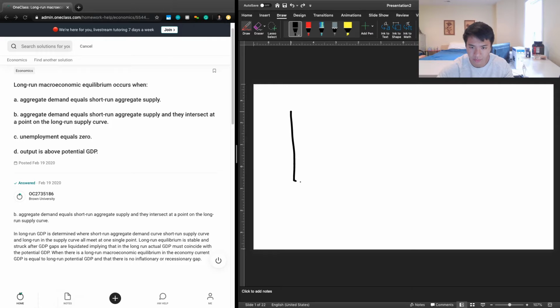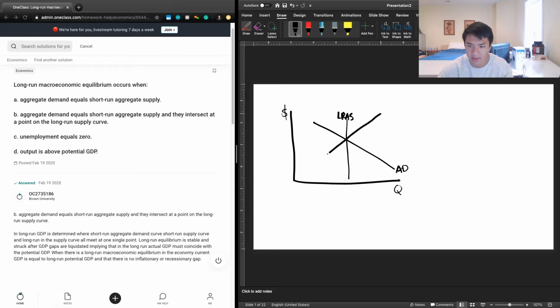So we have price on the y-axis, quantity on the x-axis, and then first let's do a straight line, and this is, I'll label the top, long-run aggregate supply. We're going to have aggregate demand, although we typically think about this in the short run because aggregate demand doesn't have a long-run value.